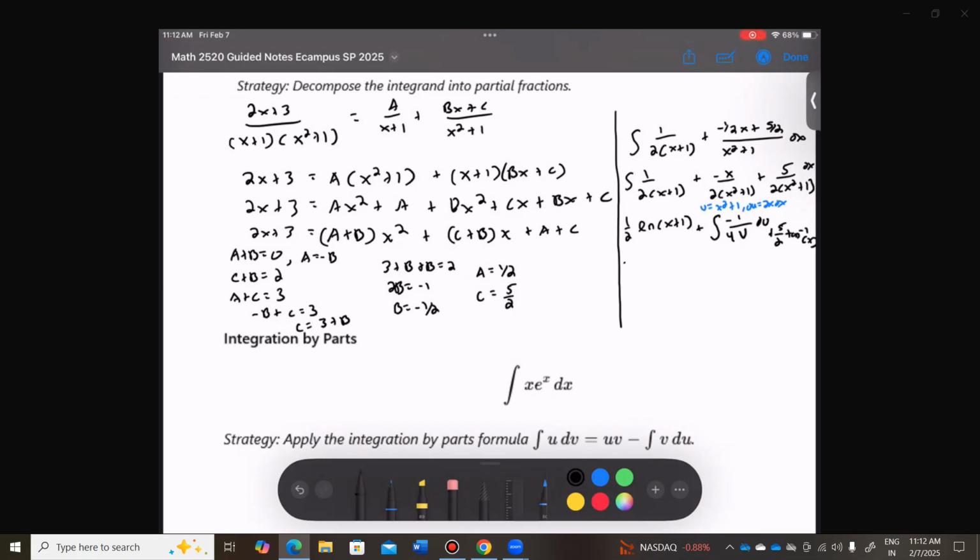So this becomes 1/2 natural log of x plus 1, and then negative 1/4 natural log of u plus 5/2 inverse tangent of x. And then finalize it right down here: 1/2 natural log of x plus 1 minus 1/2 natural log of x squared plus 1 plus 5/2 inverse tangent of x.